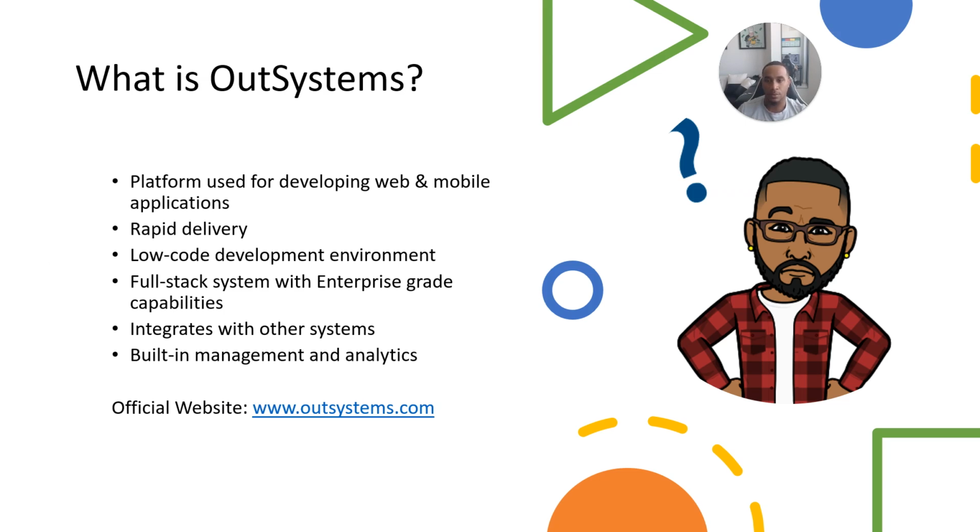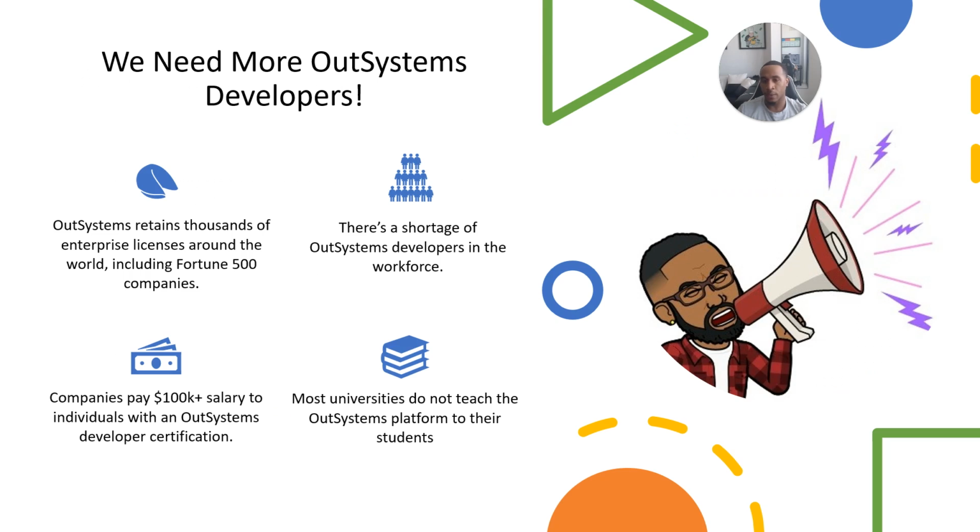Next, the reason why I think it's important to teach this is because we need more OutSystems developers. OutSystems retains thousands of enterprise licenses around the world, including Fortune 500 companies. The thing with OutSystems is it's a privately run company, and they sell their license, which is very expensive because this is a powerful platform, to privately run companies, publicly run companies, state agencies, government entities.